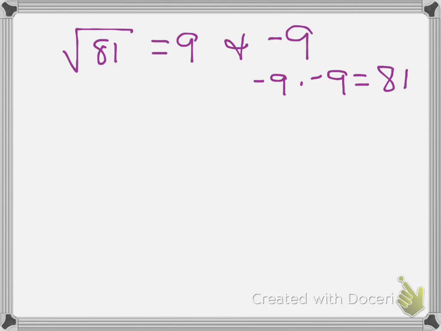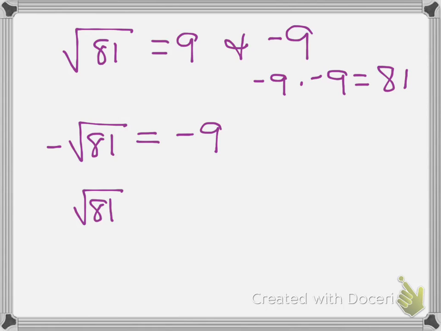All right, so as an 8th grader, we ask you to recognize that it's 9 and -9. Sometimes we ask for just the negative answer. So if I write -81, square rooted, with the negative on the outside, that means I want you to give me just the -9 answer, okay? If I give you just 81, then I want just the positive answer.